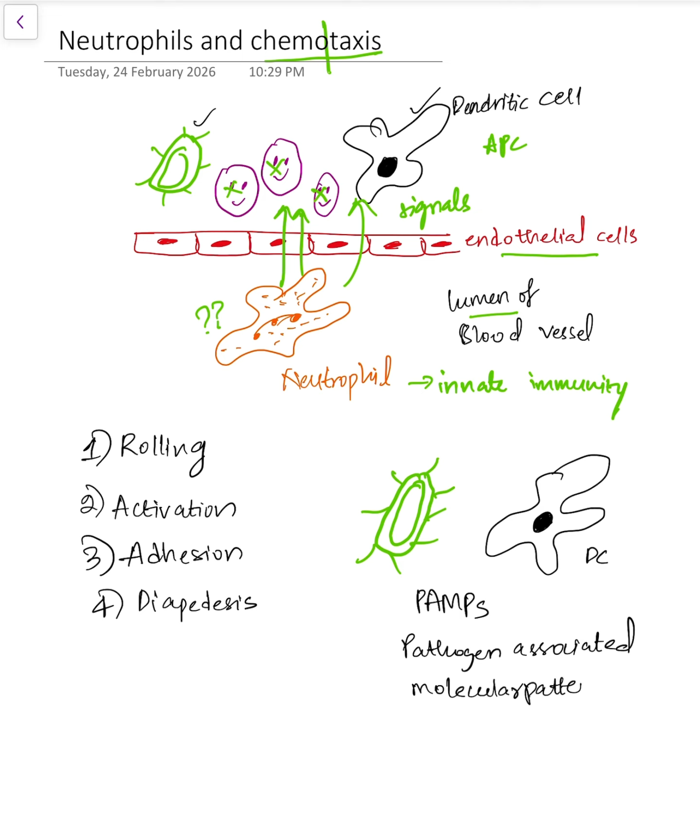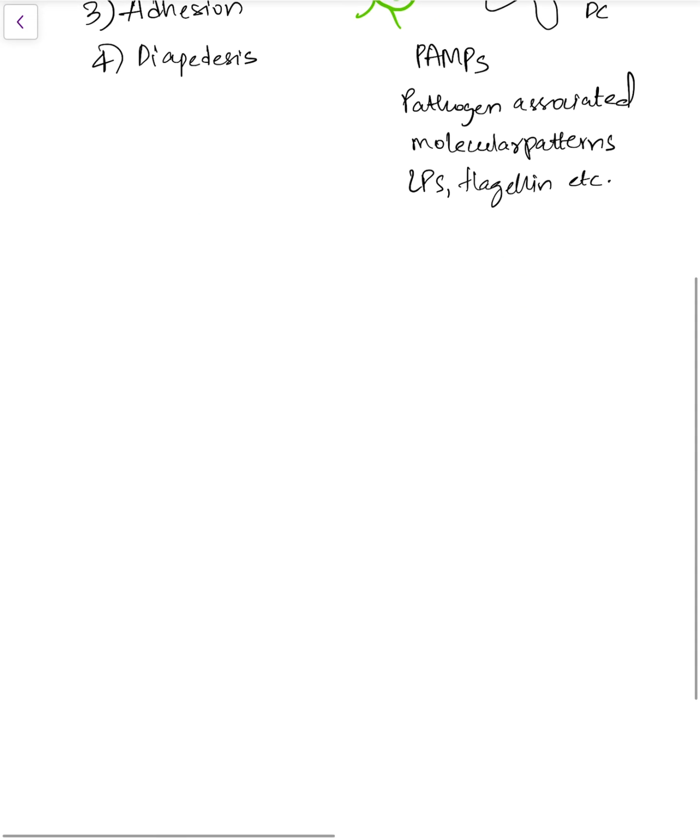These are basically conserved sequences in microbes, repeating biochemical structures like lipopolysaccharides, flagellin, peptidoglycan, etc. These are absent in the host and only present in microbes, and our body has evolved to recognize them.